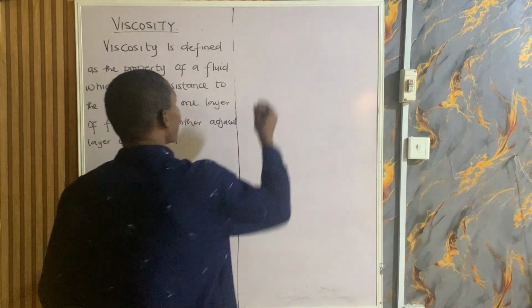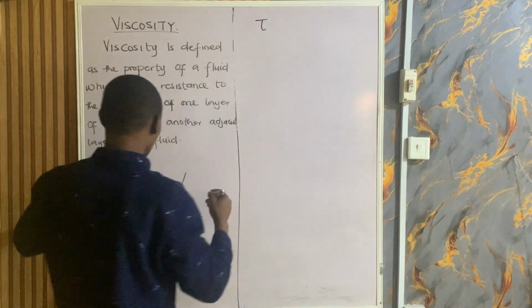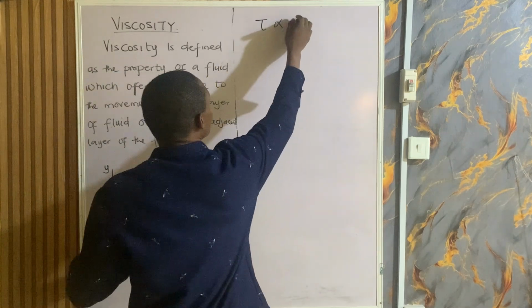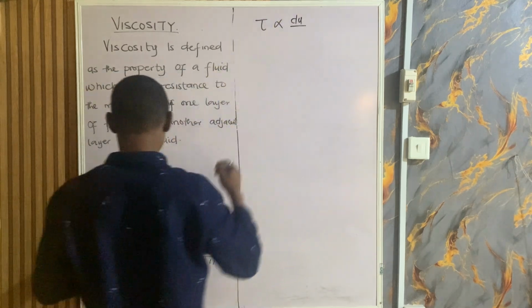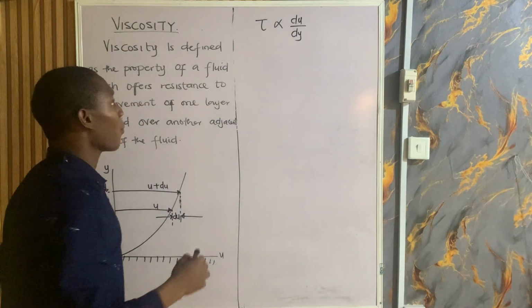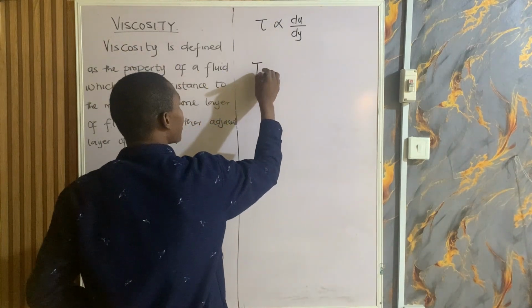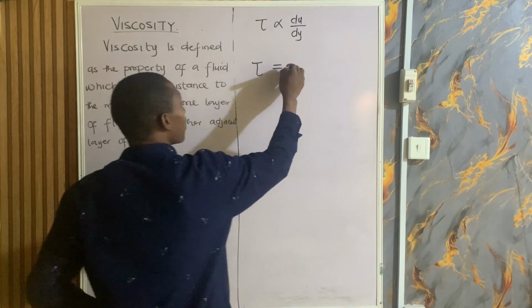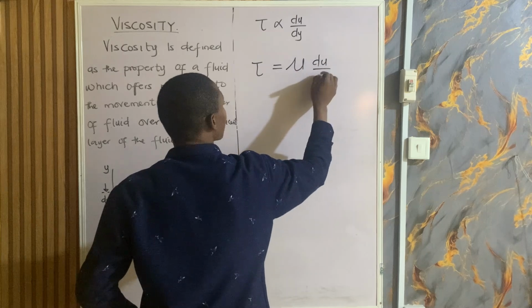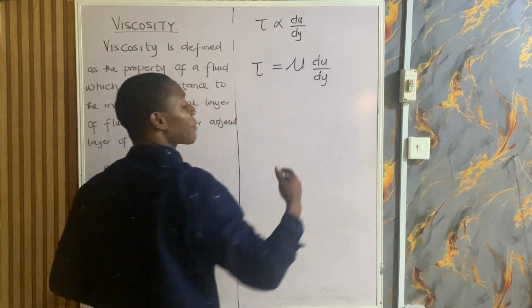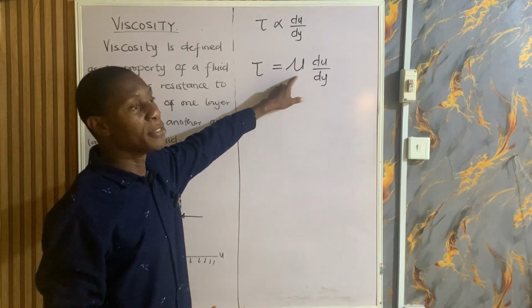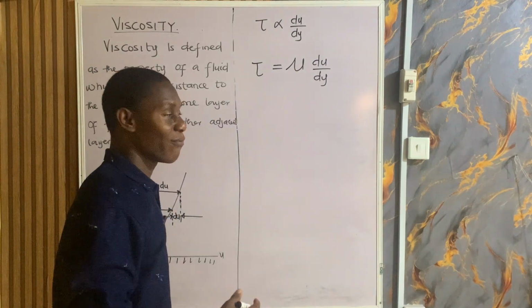The shear stress between these two fluid layers is directly proportional to their change in velocity with respect to the distance between them. Then we can say shear stress is equal to mu du/dy. This du/dy is sometimes referred to as the velocity gradient, and this is the shear stress, and this is mu, which stands for viscosity.